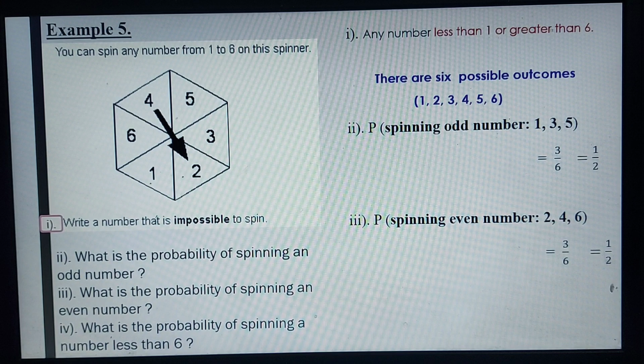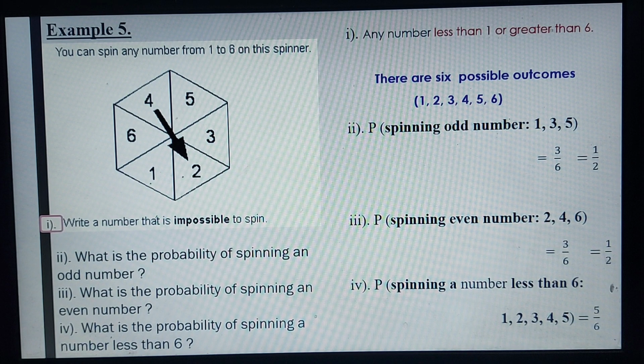And finally, what is the probability of spinning a number less than 6? A number less than 6 on the spinner could mean you have 1, 2, 3, 4, and 5. You have a total of 5 numbers, and that is 5 divided by 6.